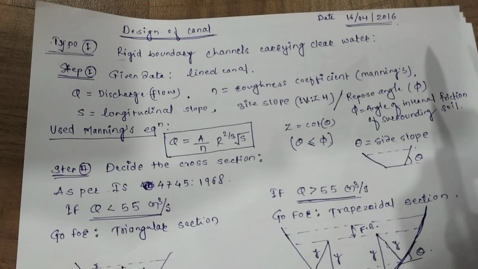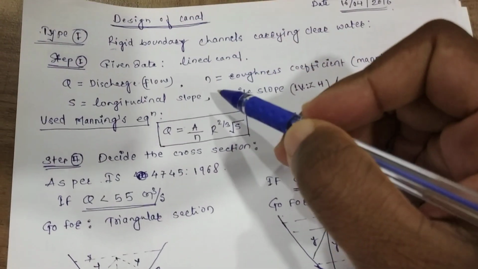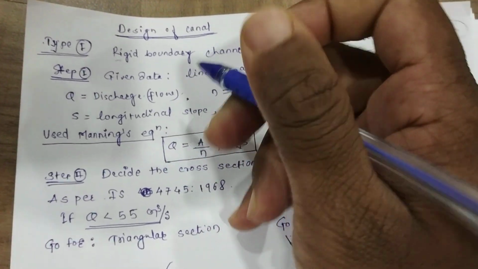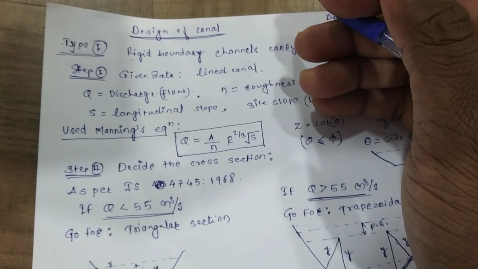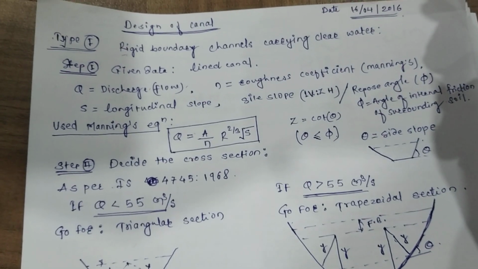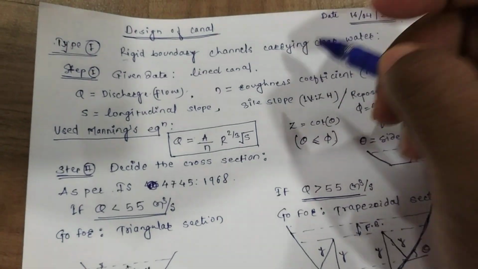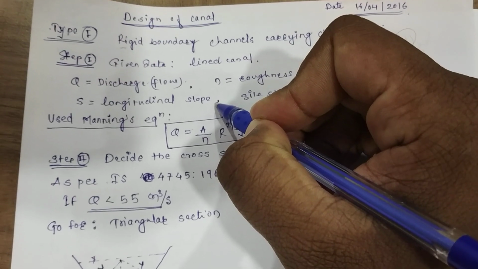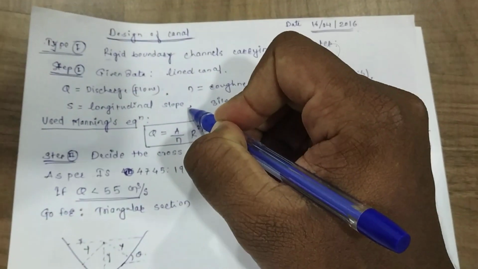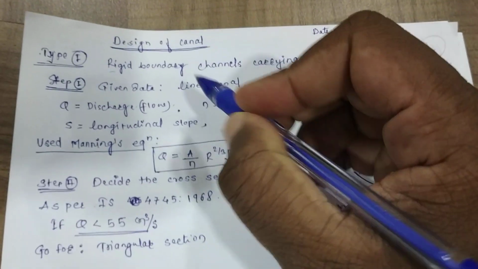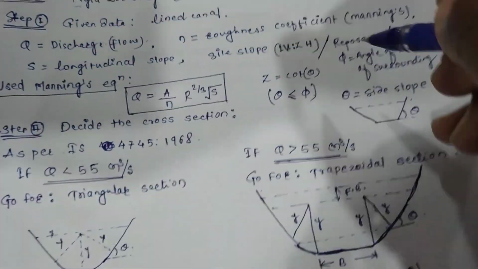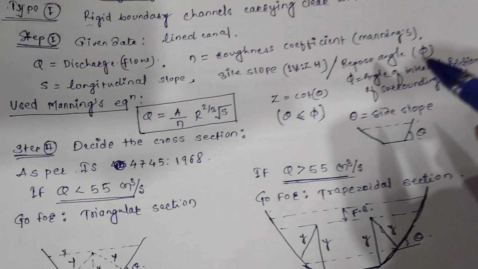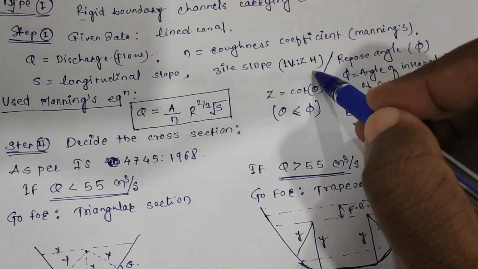First we know the discharge, the required amount to be passed through the canal. Then we know the longitudinal slope. We cannot change the longitudinal slope, and this is our requirement, and roughness also we cannot change. Then the fourth one is the side slope. If it is given, that's okay.